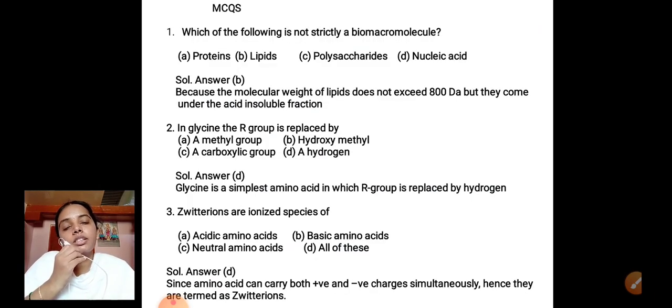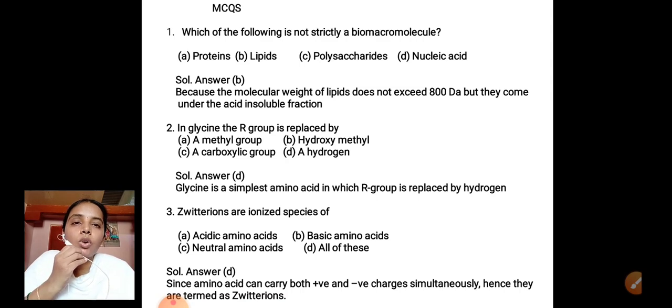So let us discuss some of the MCQs in this chapter. Which of the following is not strictly a biomacromolecule? Macromolecules are organic compounds having a higher molecular weight, more than 10,000 daltons.